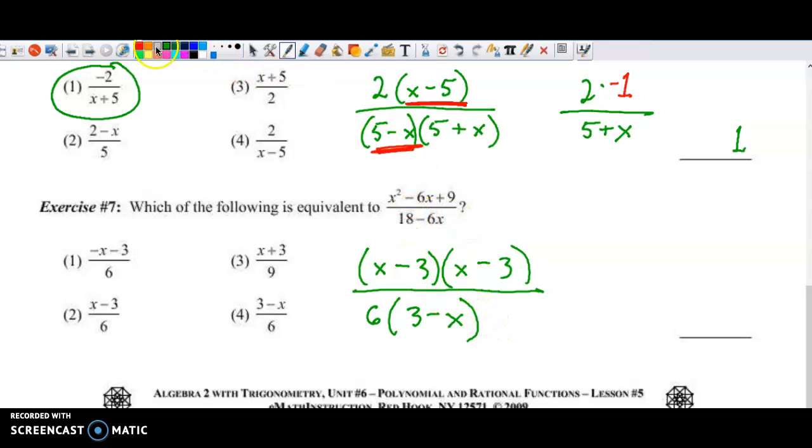Double check my arithmetic. And again, x minus 3 and 3 minus x. You can actually choose either one on top. I just chose the first one I saw. They're switched. So what that means is we have a -1. So they don't quite cancel out. But they're really close to canceling out. And so as you look at your options, option 3 is a bad one.